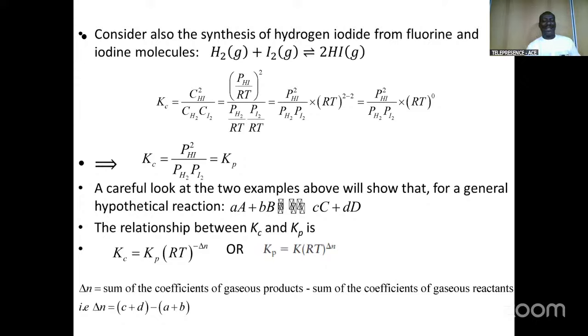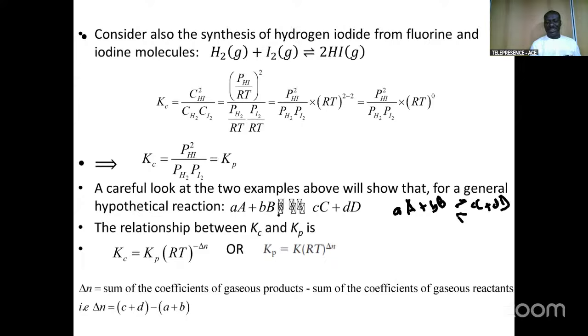So that makes this easy for us to get. Now let's look at a hypothetical case. So we've used ammonia, we've used hydrogen iodide. Now let's look at a general hypothetical case where you have a moles of A reacting with b moles of B at equilibrium with c moles of C and d moles of D. So what we have here is aA plus bB at equilibrium with cC plus dD.